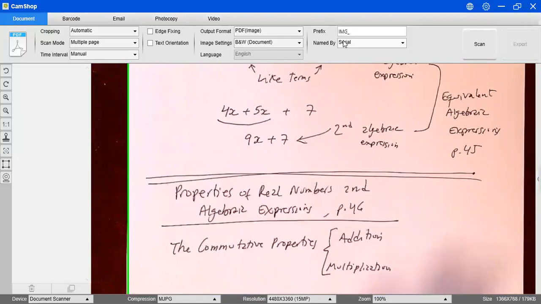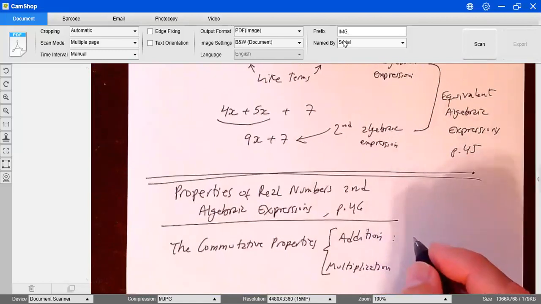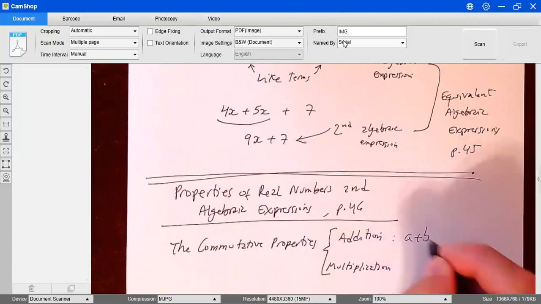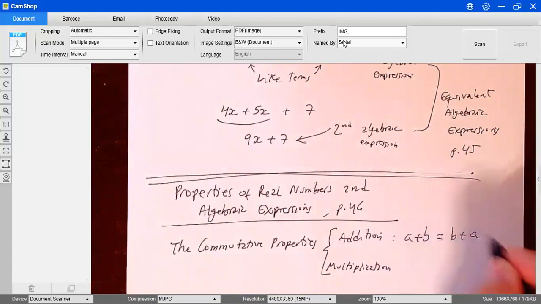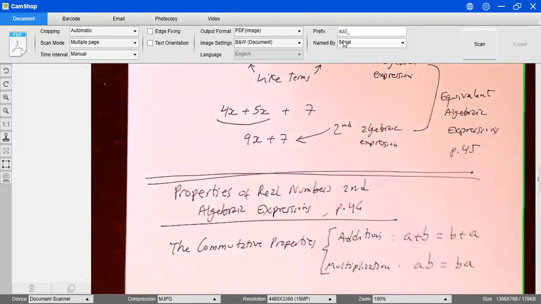So we can understand this just by writing that a plus b is the same as b plus a. And also in the case of the multiplication, a times b is equal to b times a.